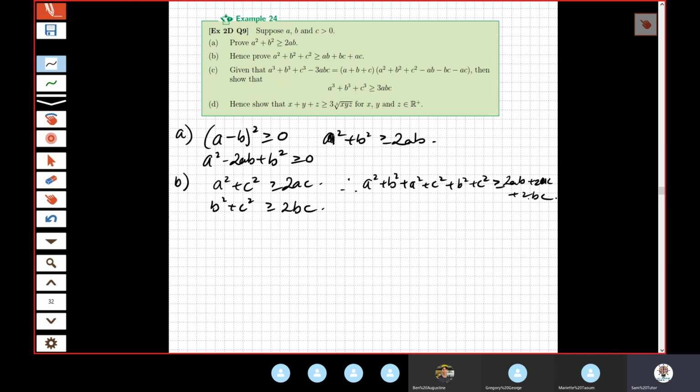Get rid of your 2s, therefore a squared plus b squared plus c squared. So you can see the good news is with these questions, they are pretty repetitive. The way to think about them is pretty repetitive. I'll stop there. Anyone have any questions?